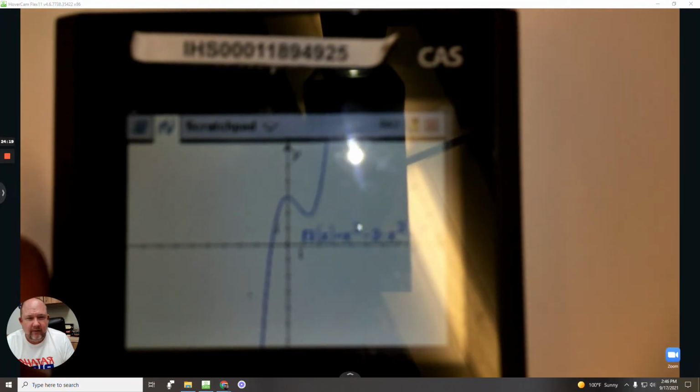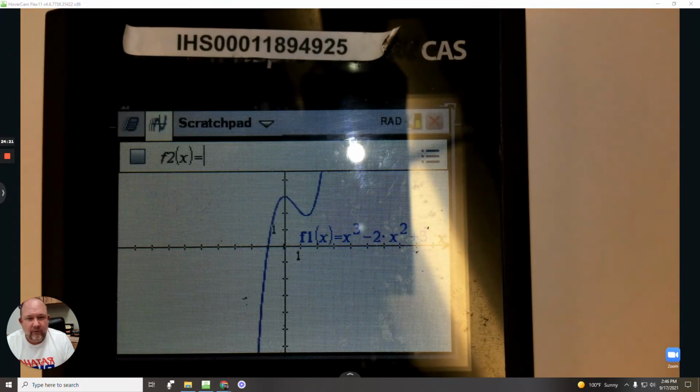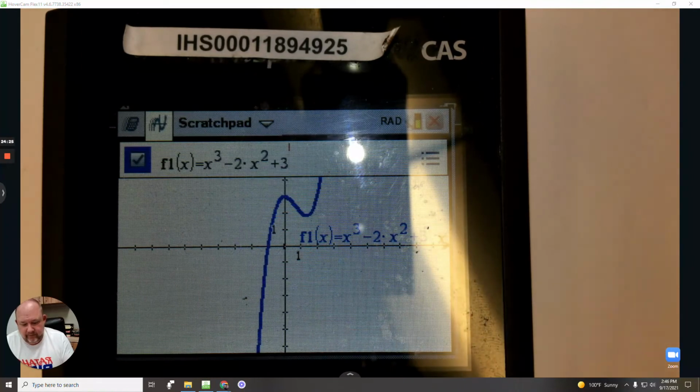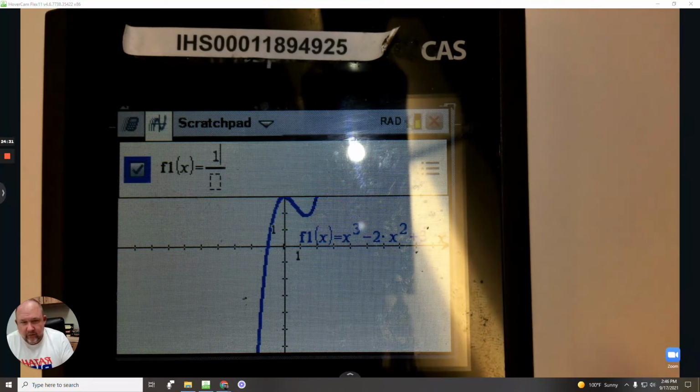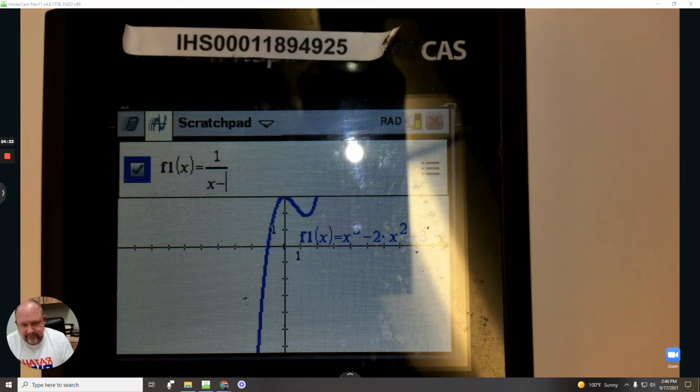Seeing if it'll clear up a little bit for you. So come back here, erase this, and then put in the function 1 over x minus 1.